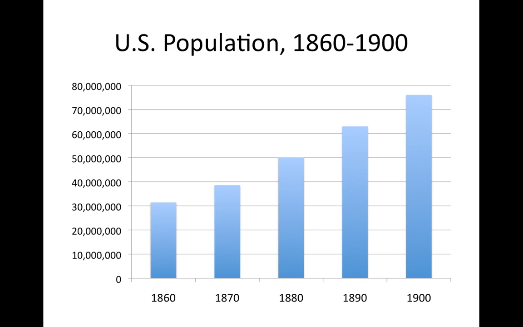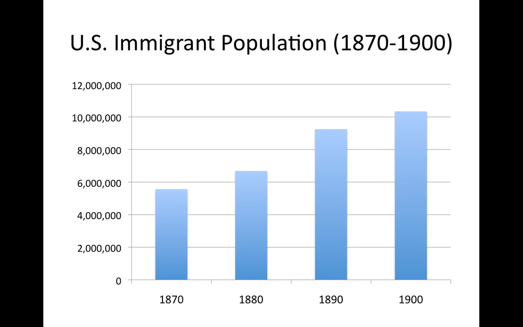Notice how the United States population booms between 1860 and 1900 in just 40 years, just a generation and a half or so. The United States almost triples in size, or more than doubles in size in terms of its population. Much of that goes to the industrial workforce, and then much of that, of course, is also thanks to immigration.